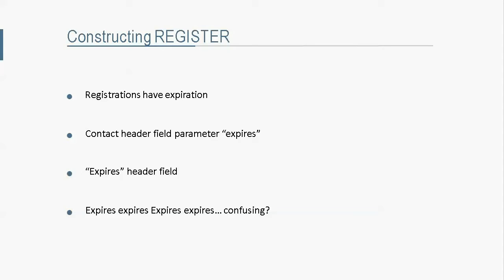The second way for a user agent client to define an expiration for a registration is, if an expires parameter described earlier is absent, using Expires header field. This could not be more confusing, so let's spend a little more time to make sure it's clear.